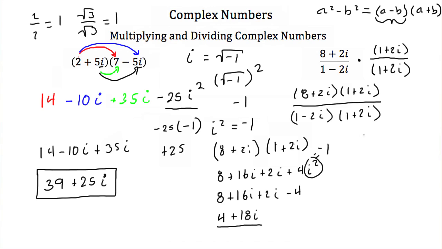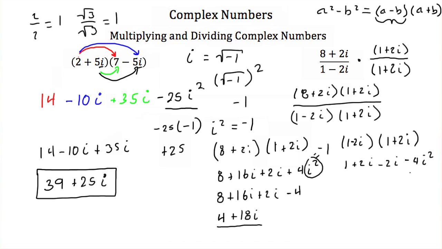My denominator, I'm going to FOIL out next. I have 1 minus 2i times 1 plus 2i. 1 times 1 is 1. 1 times 2i is a positive 2i. Negative 2i times 1 is a minus 2i. And negative 2i times 2i is a negative 4i squared.